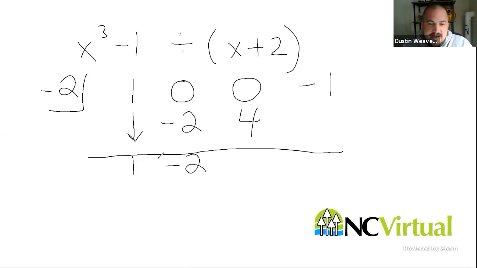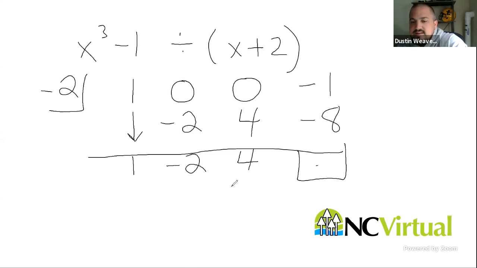Then we add 0 plus 4, which is 4. Then we multiply: negative 2 times 4 gives us negative 8. And then we add negative 1 plus negative 8, which ends up with negative 9. So that is our final answer.